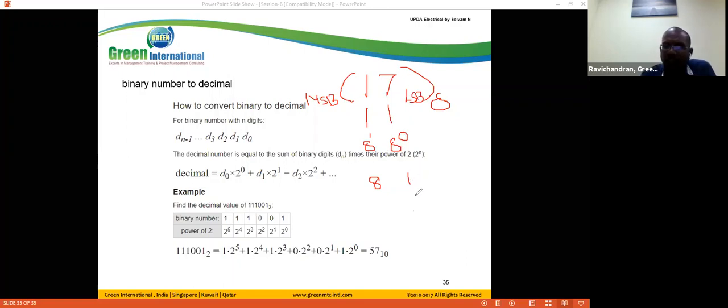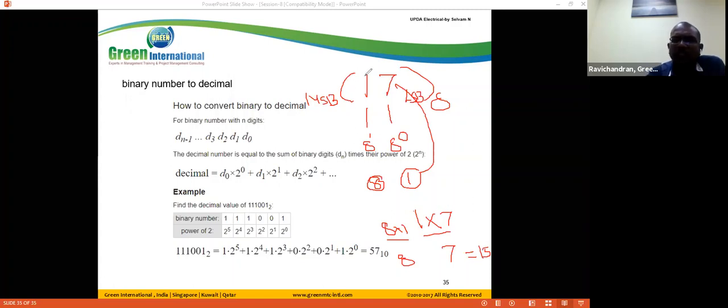Now multiply: 1 into 7 gives 7, and 8 into 1 gives 8. So here we have 7, here we have 8. Add them, 15.